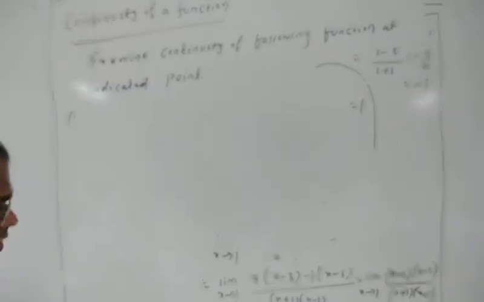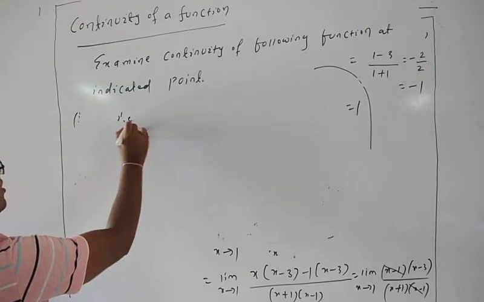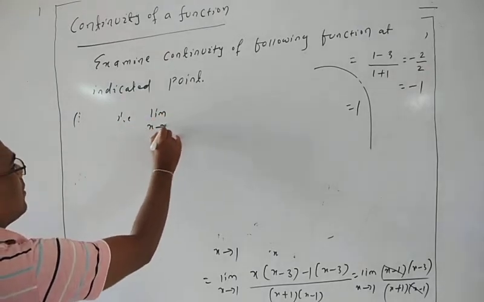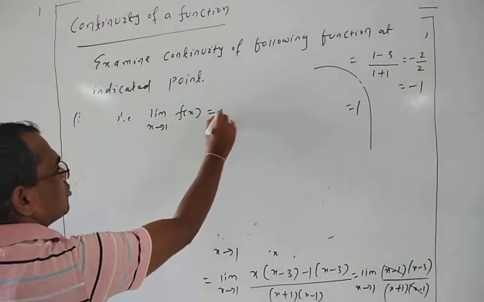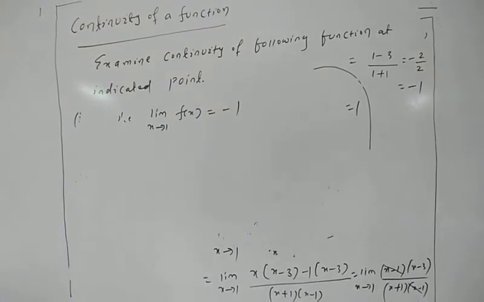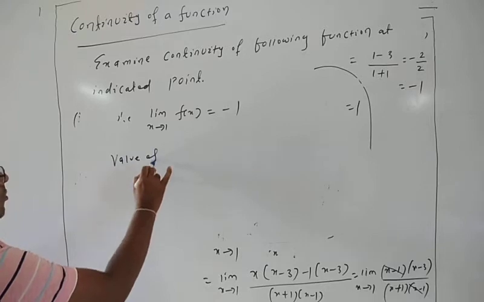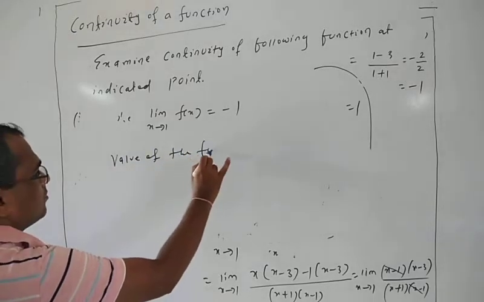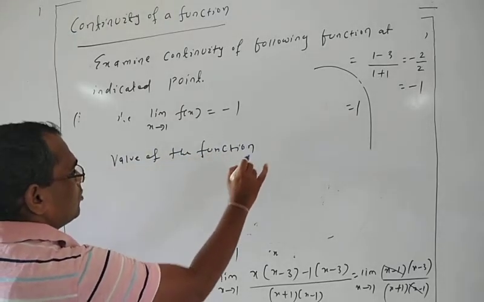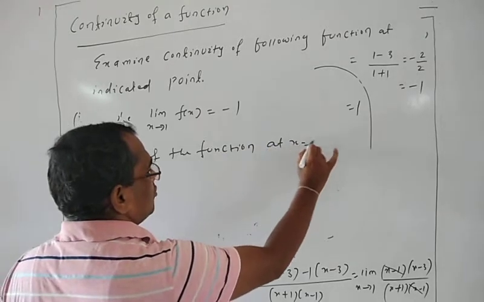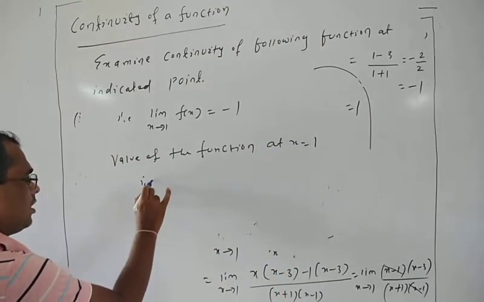Here, the limit as x tends to 1 of f of x is equal to minus 1. Now the value of the function at x is equal to 1, that is f of 1.